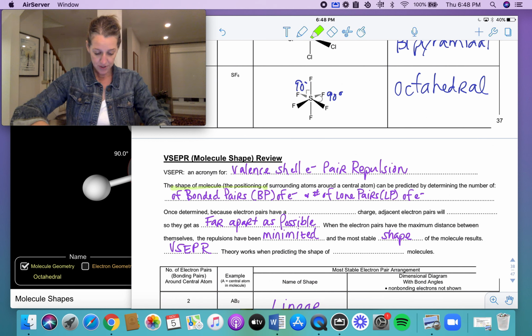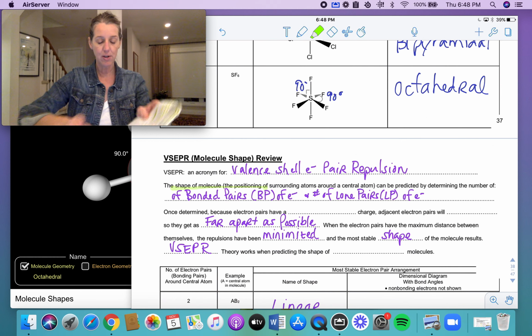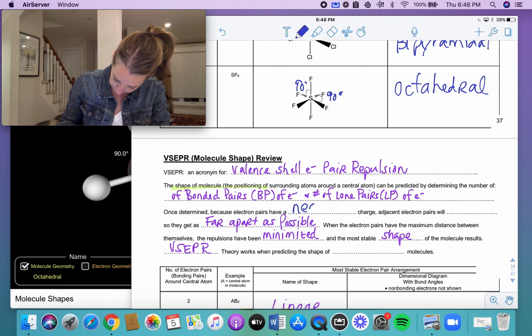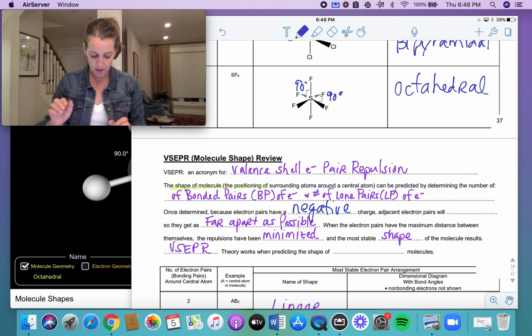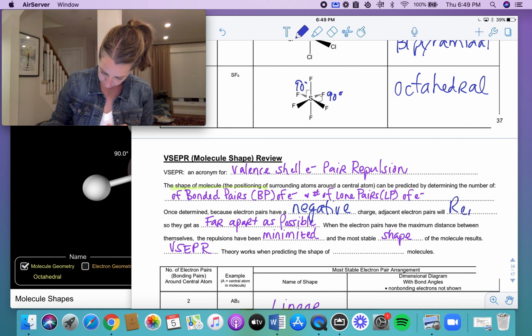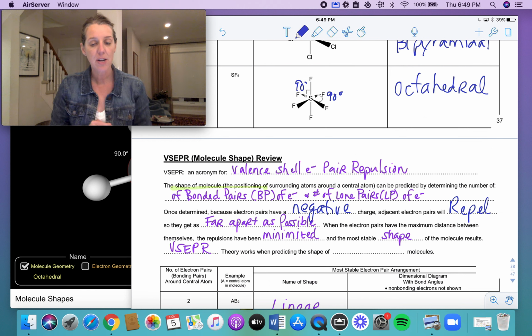Okay, once determined, because the electron pairs, remember, have a negative charge, adjacent electron pairs will repel, so they're as far apart as possible.